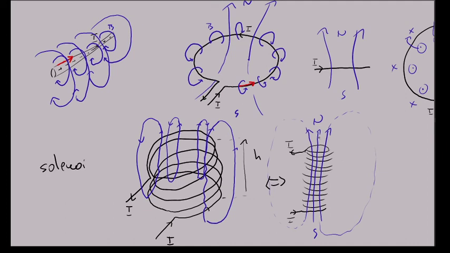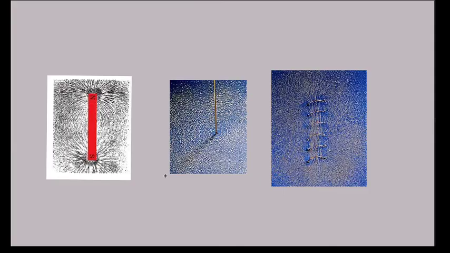Now, here are the pictures of magnetic fields as depicted by iron filings. Here in this case, on the left-hand side, you have an actual magnet, and on top of this magnet, you sprinkle iron filings, literally small bits of iron, and they will align themselves with the lines of the magnetic field.